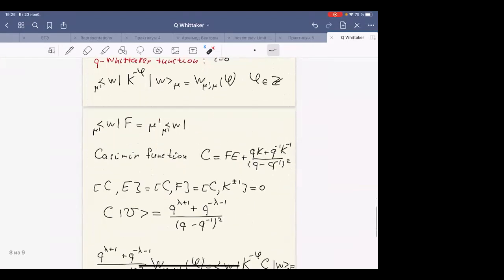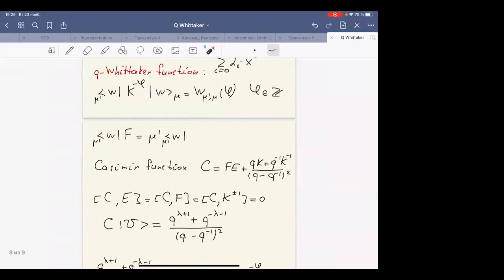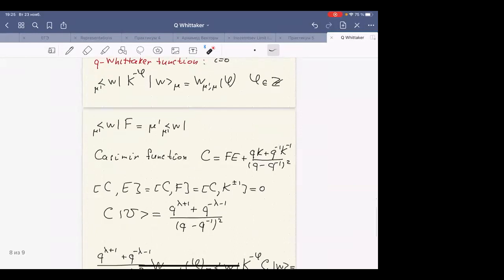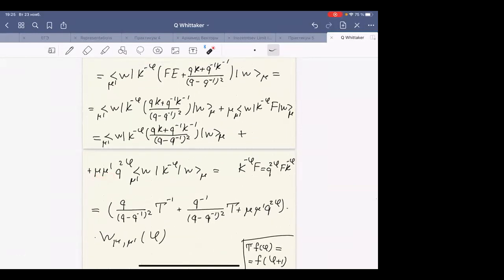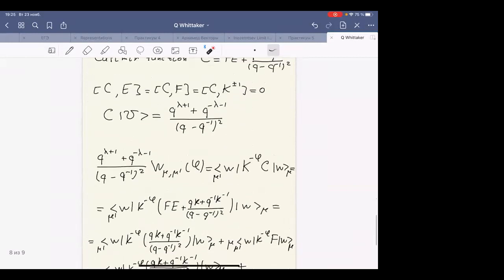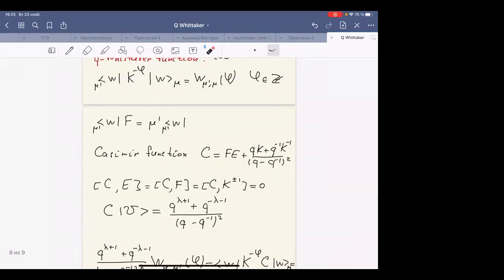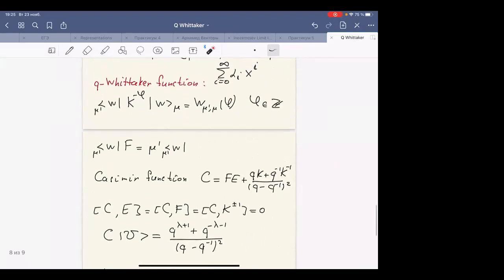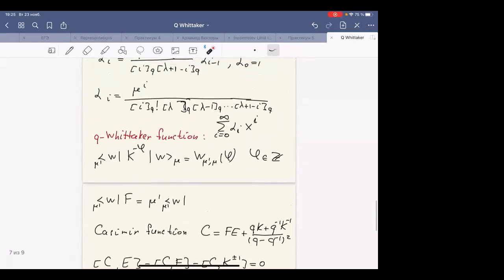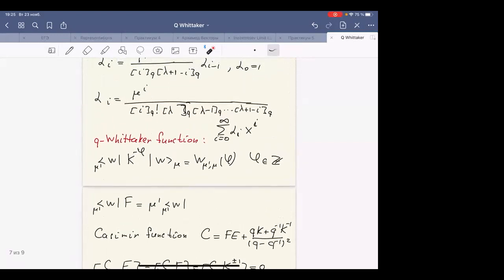Actually the difference equation depends only on mu times mu prime. So it's not really important that we take the Whittaker vector here with mu, dual with mu prime. Maybe this function is a solution of the difference equation for some parameters, but I do not think so.